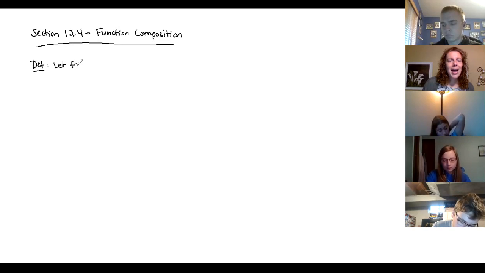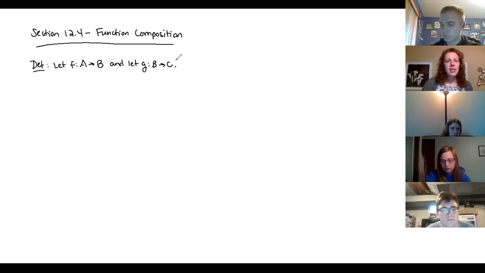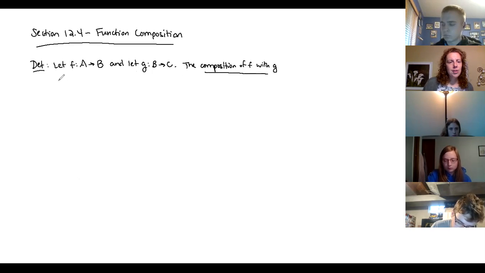So we are going to let f be a function from A to B, and let g be a function from B to C. So f is going to go from A to B, g is going to go from B to C. The composition of f with g is f circle g.